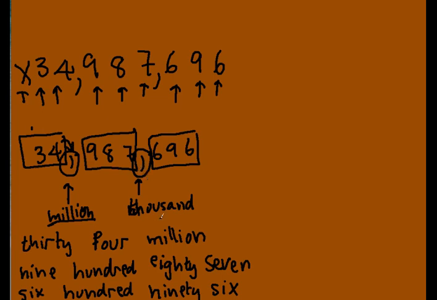A comma. So what does that comma stand for? It stands for 1,000. So you'll put the word thousand. Then start reading it. So you would read it as 34 million, 987 thousand, 696. So that's how you would read it.